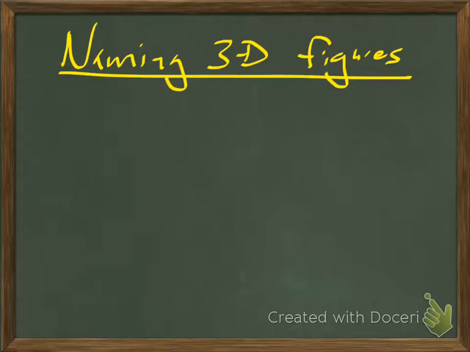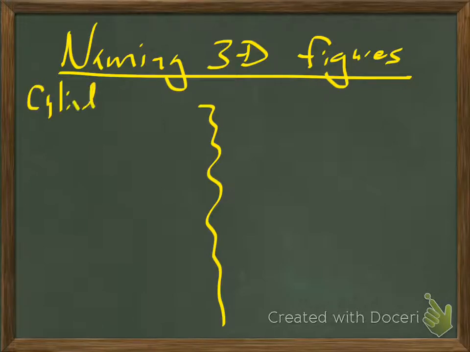Let's talk about naming 3D figures. Okay, basically there's two categories. We'll separate them right here with the middle of the screen of 3D figures. Now there's other special ones, but the main two categories of 3D figures are the cylindric solids, okay, and the conic solids. Now you might be thinking cylindric sounds an awful lot like cylinder.